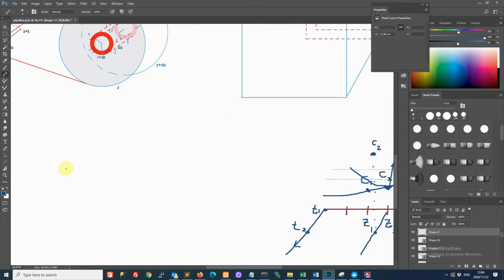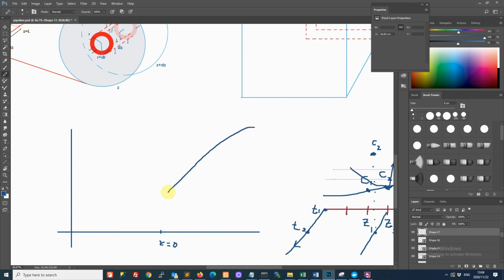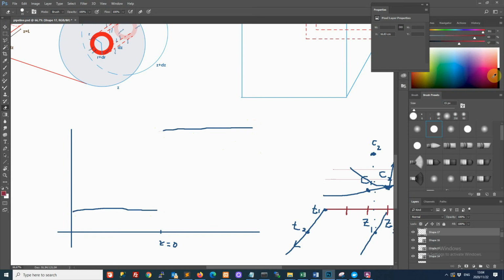So if this is Z equals 0, then you may have 20 here initially, and that would drop. Initially it was 20 and maybe 10 here, and then of course you've got the membrane in between. So you've got your membrane here.